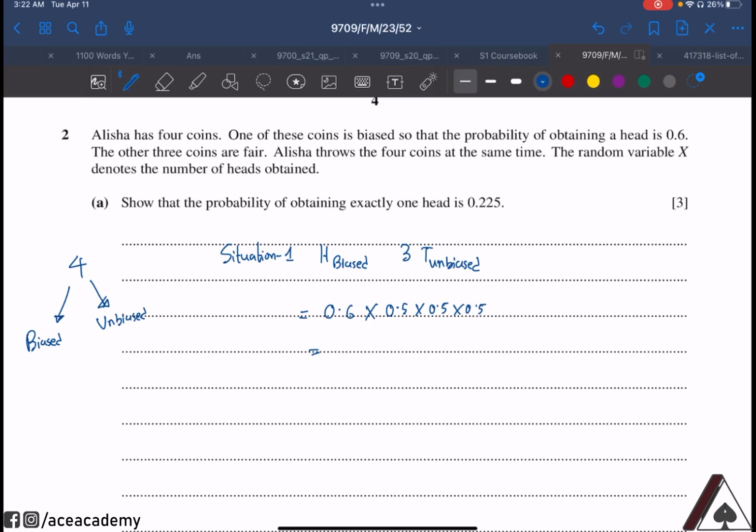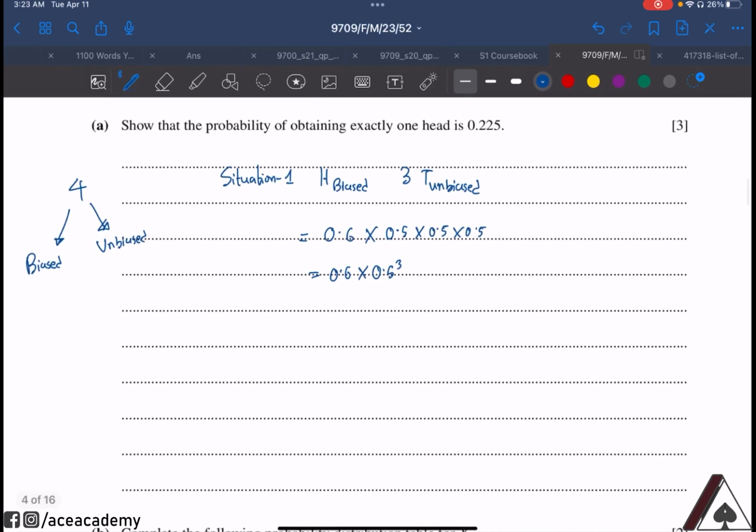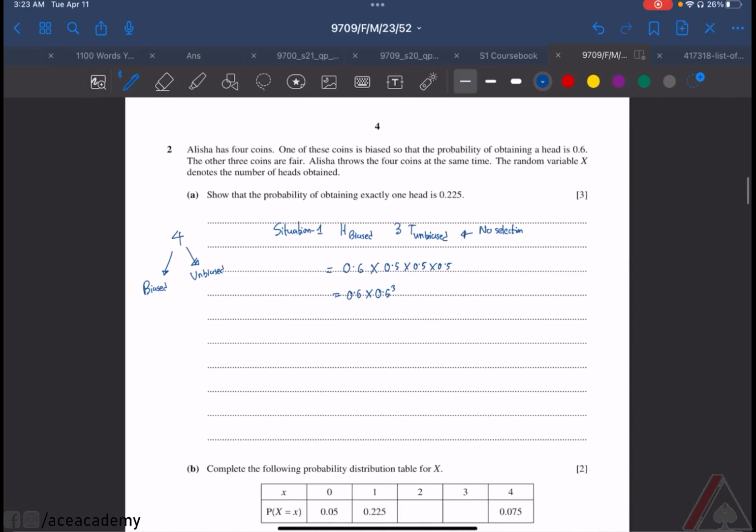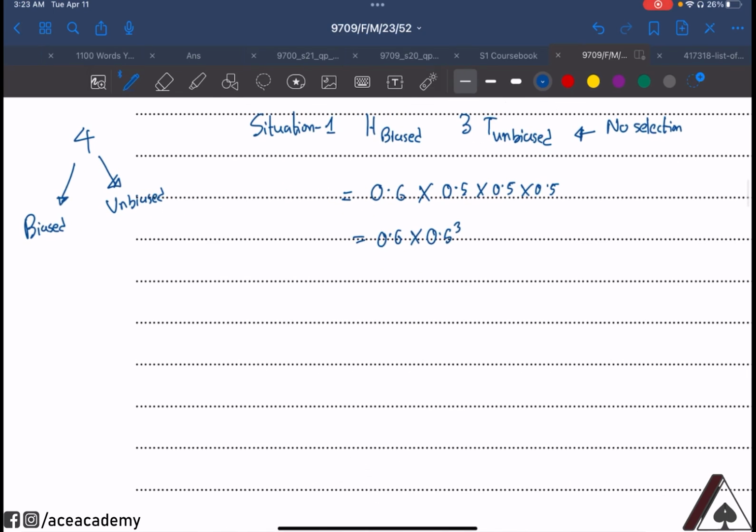This is because in an unbiased coin, the probability of heads is 0.5 and the probability of tail is 0.5. They are equiprobable. So 0.6 into 0.5 cube. And here we don't do any selection because all the tails are identical. That's why no selection needs to be done.